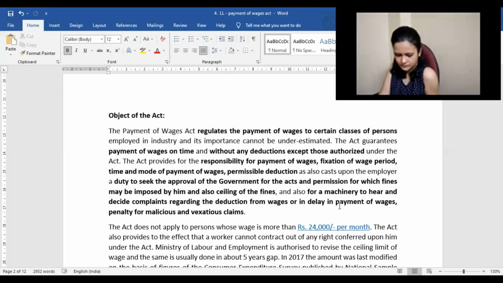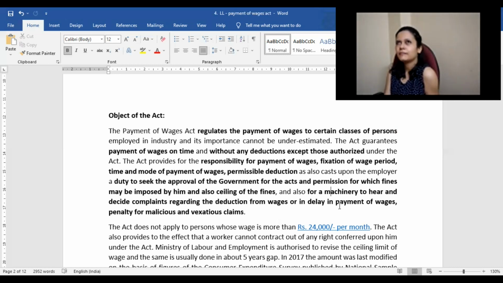Whenever there is a negotiation with respect to wages, they come into the picture, and between employer and employees they negotiate the wages. So here it regulates the payments of certain persons employed in the industry. Does it mean it is applicable to all the employees at worker level, or if there is no union supporting such an industry?